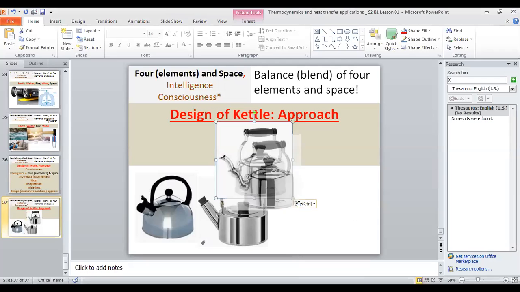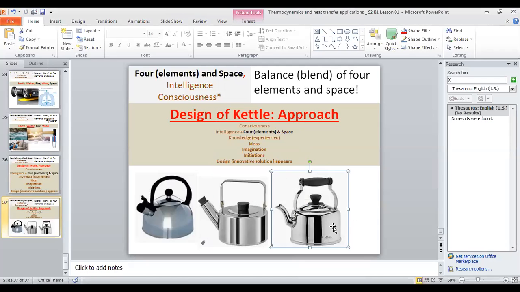The third one is an Italian design. The first one is not Italian anyway. The first one is something like Japanese. The third one Italian.